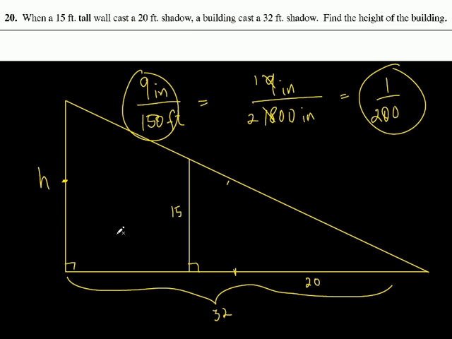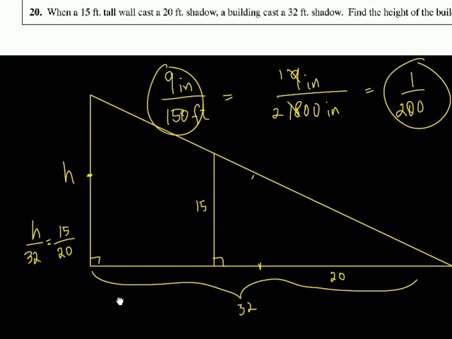So what would you do? I would compare the height of the tall building to the longer shadow, equals the height of the small building to the smaller shadow, right? And you could have done that without the picture. I just thought the picture could be helpful to you, so that's why I drew that in there.